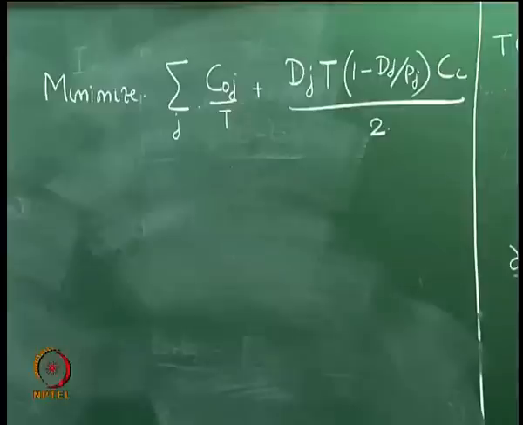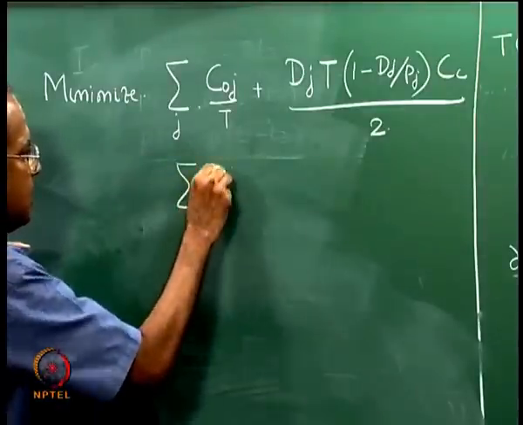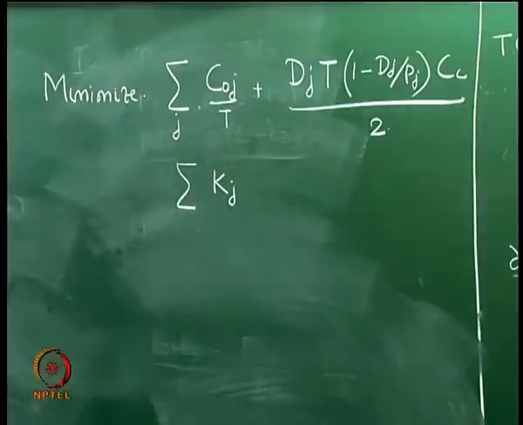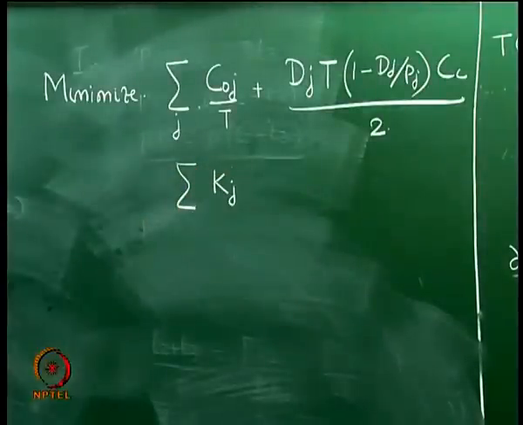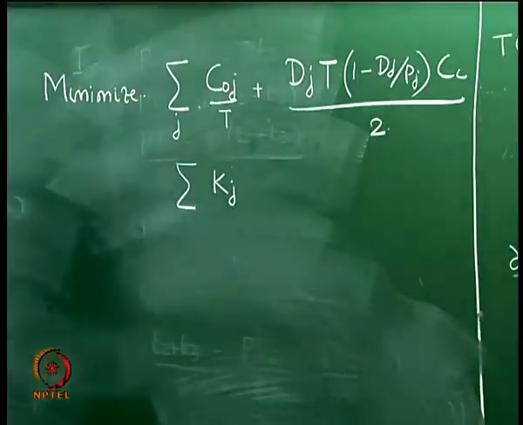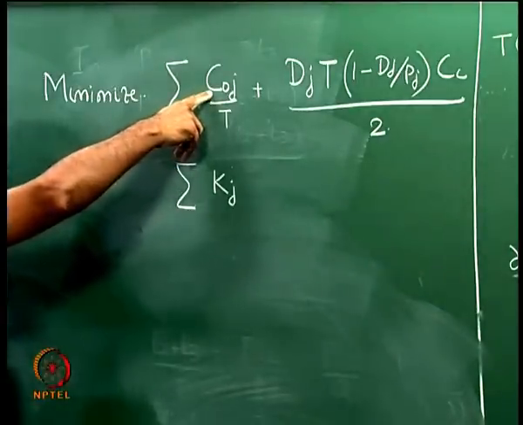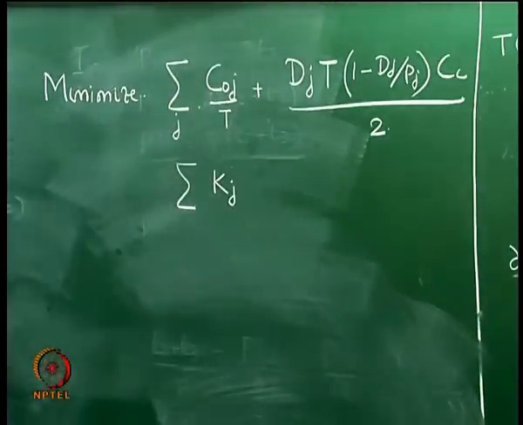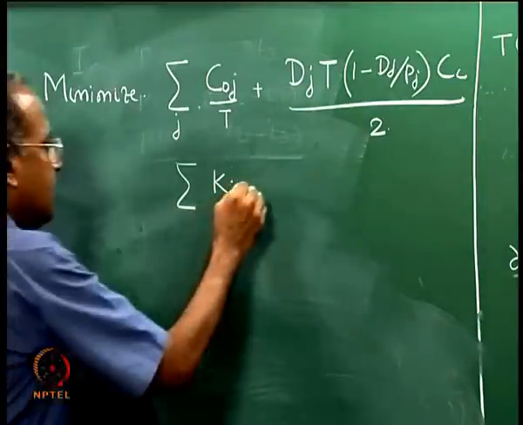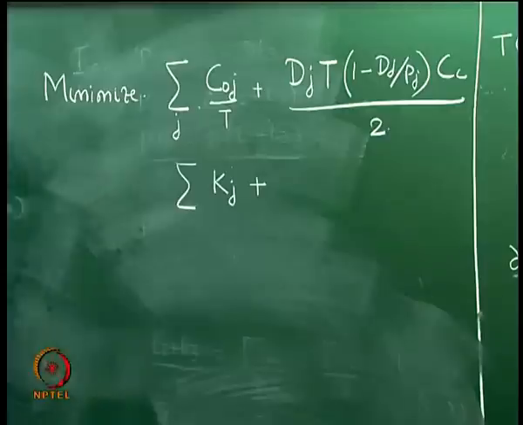So, subject to the condition sigma, if Kj is the setup time for the jth item, note that C naught j is the setup cost for the jth item, Kj is the setup time for the jth item, plus what is the production time for all of them?